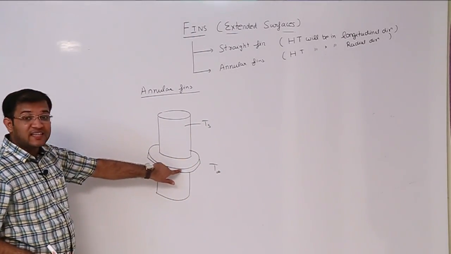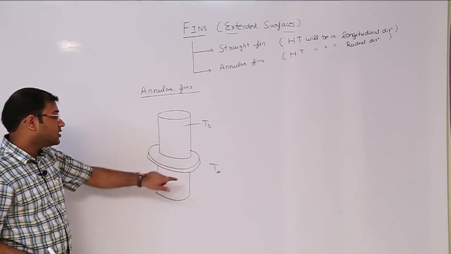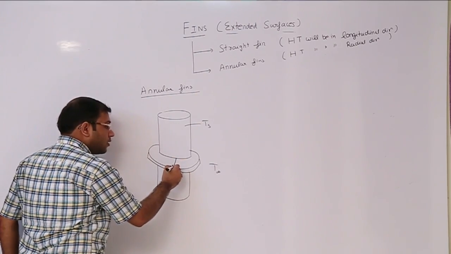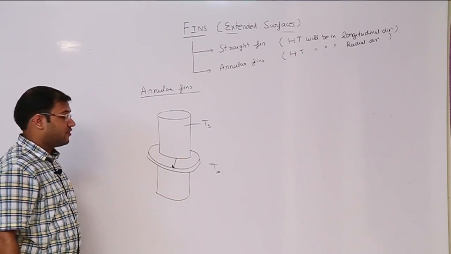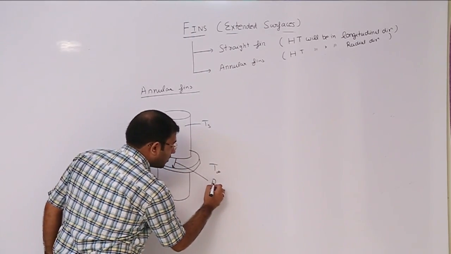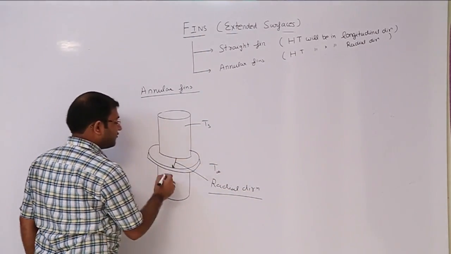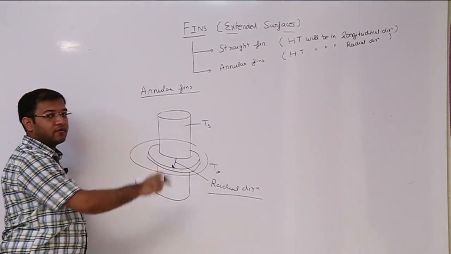Now we have attached annular fins here. Now see, what will be the direction of heat transfer? From center to periphery, and this is nothing but your radial direction. So such a fin is known as your annular fins.